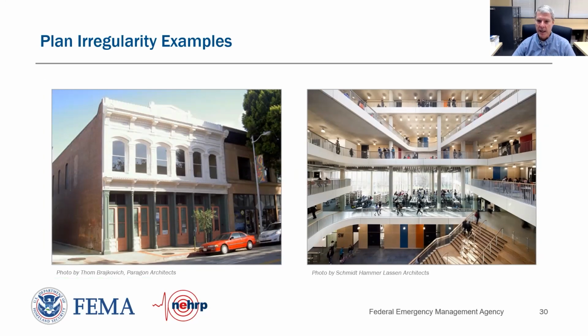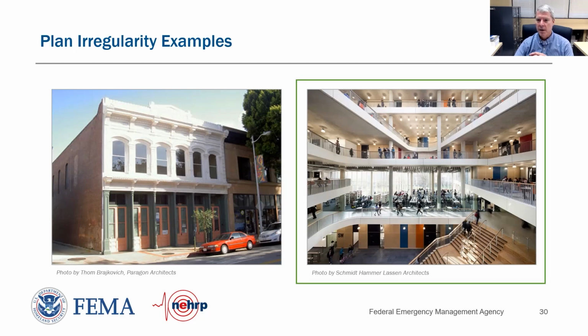The photograph on the right shows an interior picture of what looks like a hotel, where we've got the diaphragm cutout. It's got a nice atrium that goes all the way up the structure at the interior, where we see the floor diaphragms around the exterior perimeter. Again, it may have been designed for it, but they're not continuous all the way across, greater than 50%.